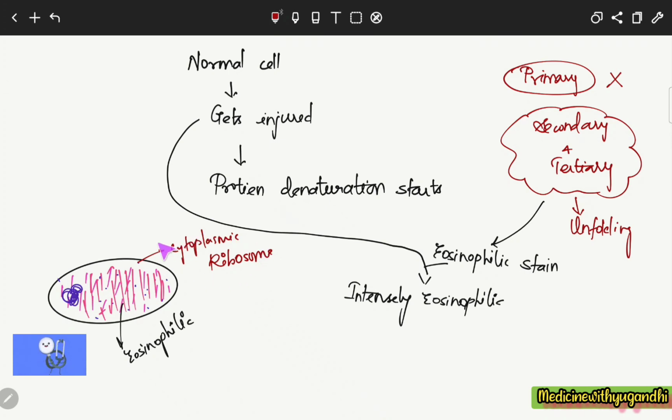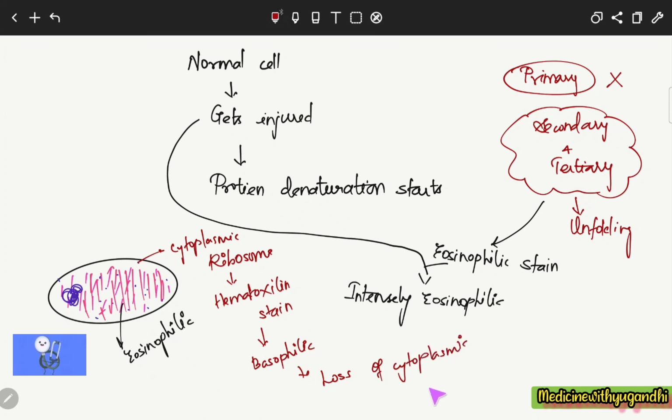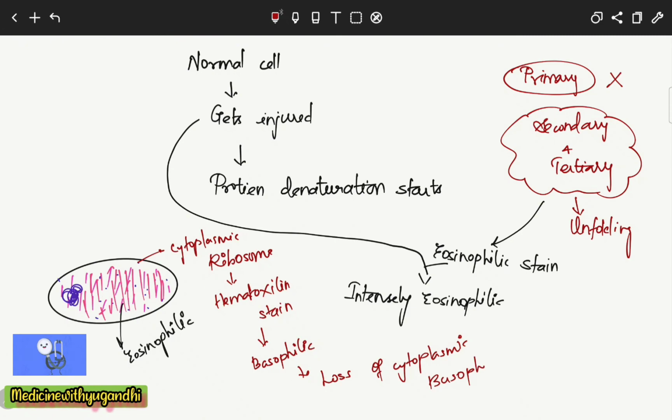This cytoplasmic ribosome binds with the hematoxylin stain and contributes to the basophilic appearance. So whenever the cytoplasmic ribosomes get destroyed, they lead to loss of cytoplasmic basophilia. That is, the basophilic nature of the cytoplasm starts decreasing or disappearing.